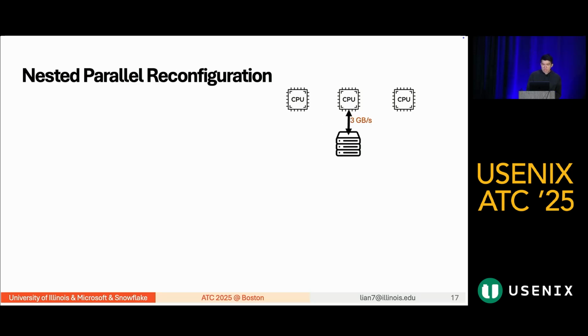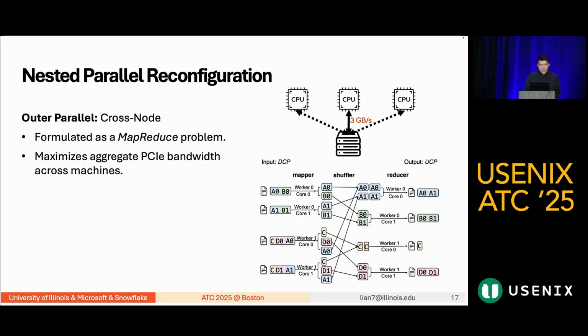We found that one of the main bottlenecks comes from the PCIe bandwidth between a single CPU and the storage if we do the conversion in sequence. Given that we have multiple nodes, each with multiple CPUs, can we leverage those resources? To address this, we introduced nested parallelism with two layers. The first one is outer parallelism.